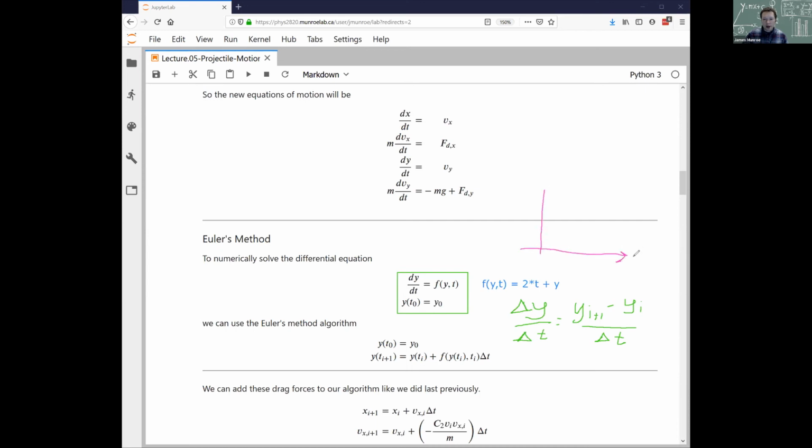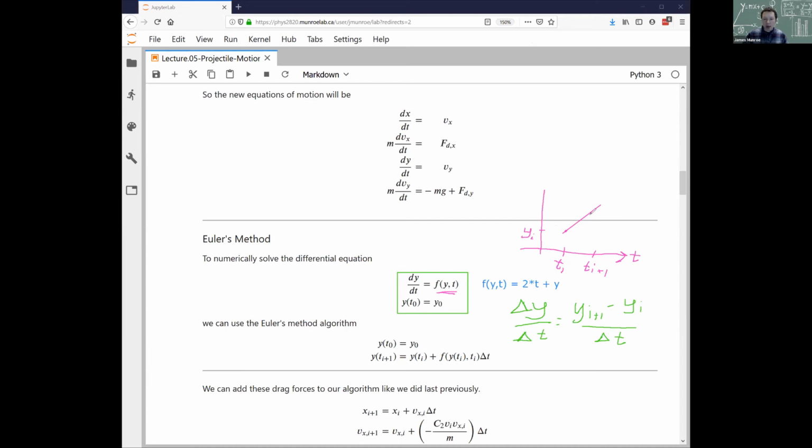If this is time, that looks pretty good. And I know the value of y i at t i. So let's suppose I know this point, and my goal is to figure out what the value will be at a later time, t i plus 1. All I'm doing is approximating the function as a straight line with slope given by this function. The slope of a function is its derivative, evaluated right here.